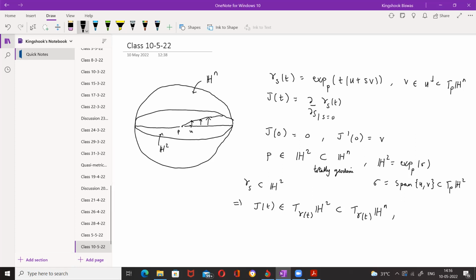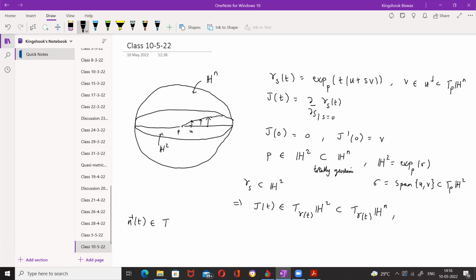Okay, so now let me take N of T to be a unit normal. So this is H2, the tangent space is two-dimensional.